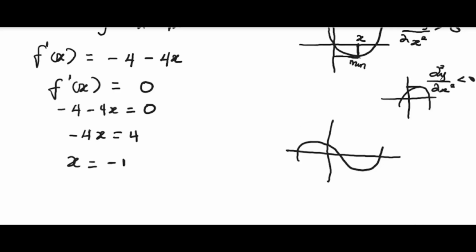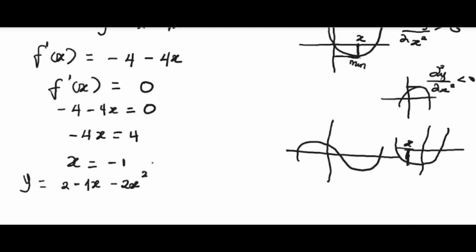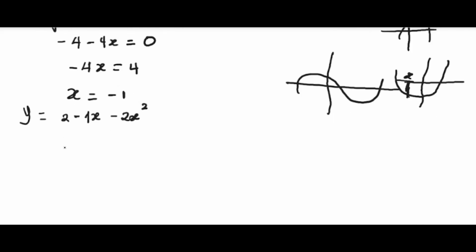So now this minus 1, it means that y is equal to 2 minus 4x minus 2x squared. So anywhere we see x, we put minus 1 because we are looking for y, the minimum value. So we'll have 2 minus 4 into minus 1 minus 2 into minus 1 squared.